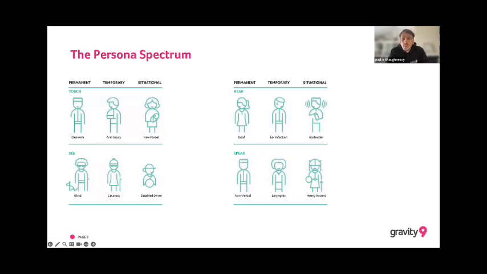And by looking at how their motivations can change in a particular situation or context, be that a permanent, temporary or situational context, we can better understand the different goals and challenges that these people may face. The persona spectrum takes these factors into consideration, and it helps us design better and more inclusive solutions.